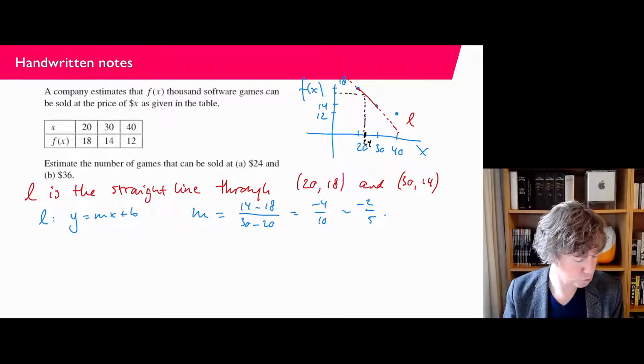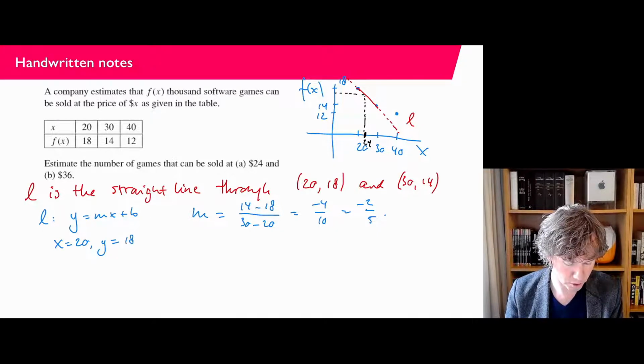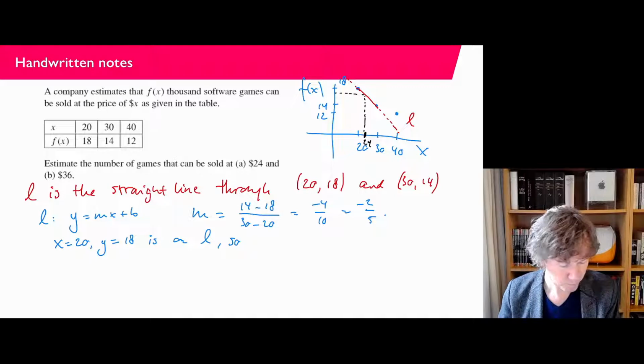What I'm going to choose here is I'm going to say that x equals 20, y equals 18 is on L, so if you plug that in, then you find that 18 equals minus 2 over 5 times 20 plus b.